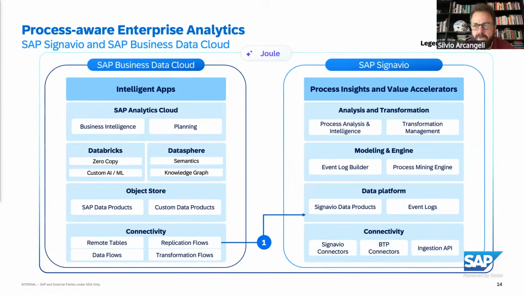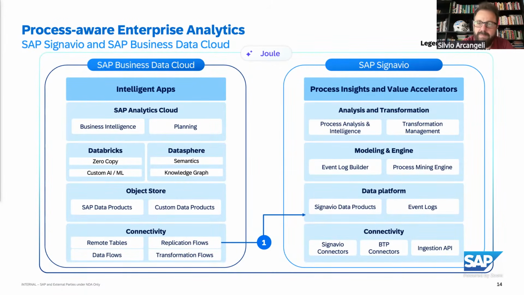So Replication Flow is the feature within Business Data Cloud that extracts data from SAP applications and lands them into the cloud. So it's the golden standard when it comes to extracting data out of ECC or S4 and landing it into the cloud. And now SAP Signavio is one of the supported targets by Replication Flow.